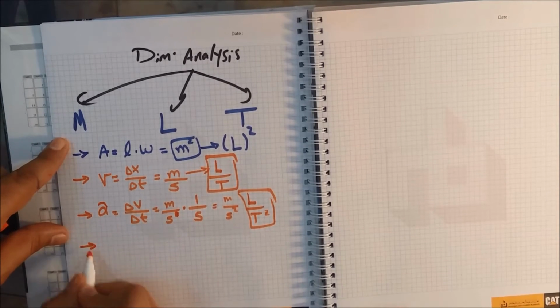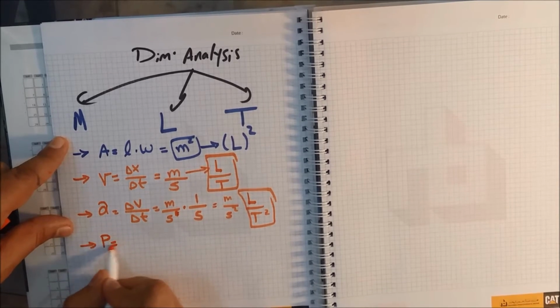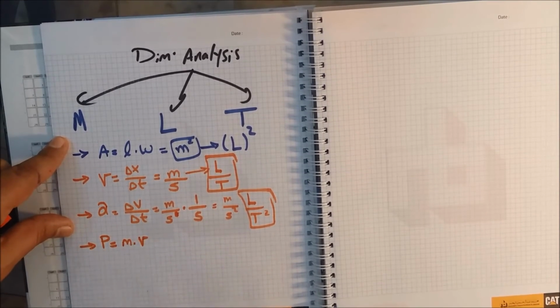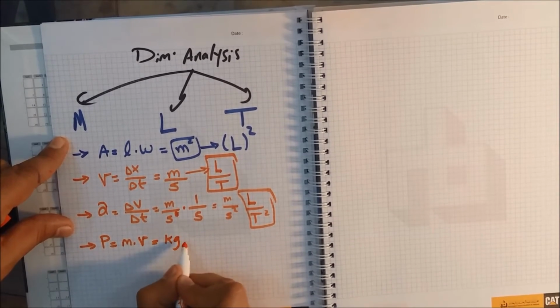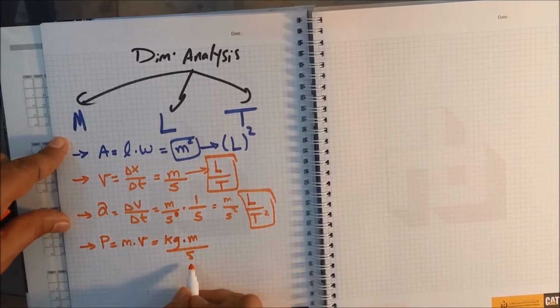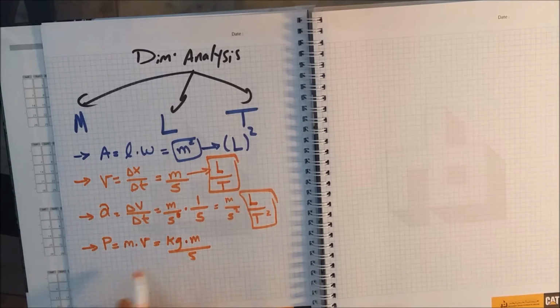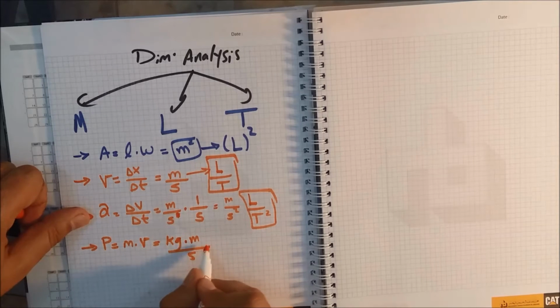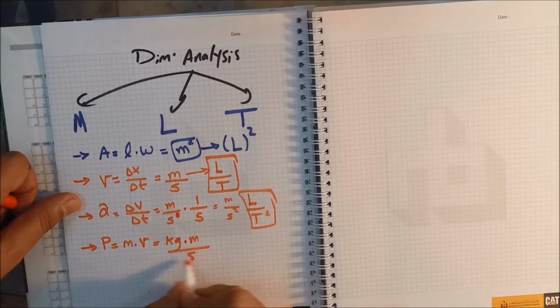Let's go further and discuss momentum, which is equal to mass times velocity. Put the units: kilograms dot meters per second. Because it is a multiplication process, the per second can apply to both the kilograms and the meters. So let's translate it into dimensions. You cannot simplify this more than that.